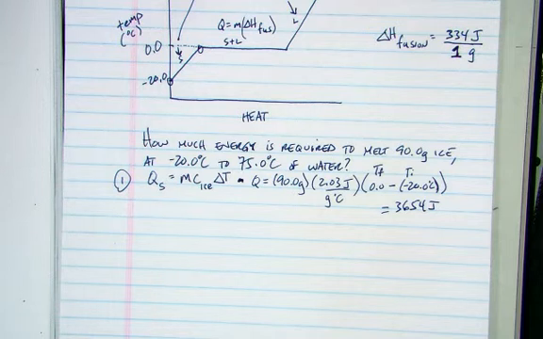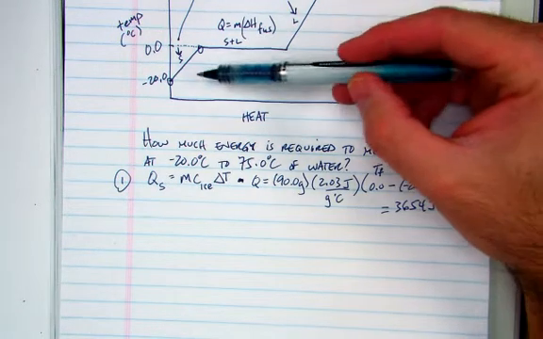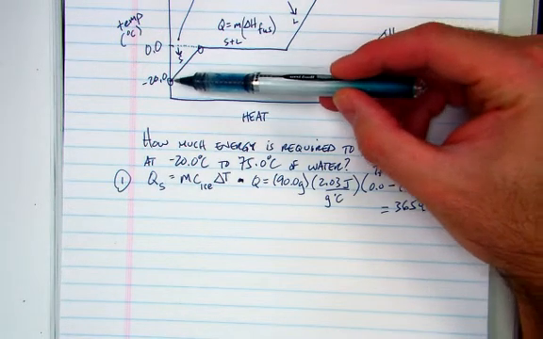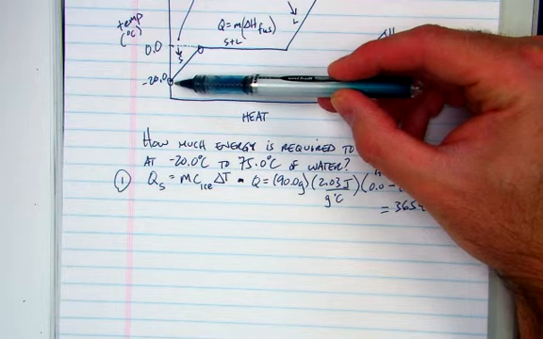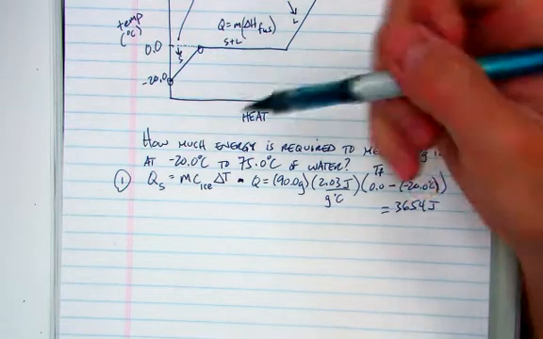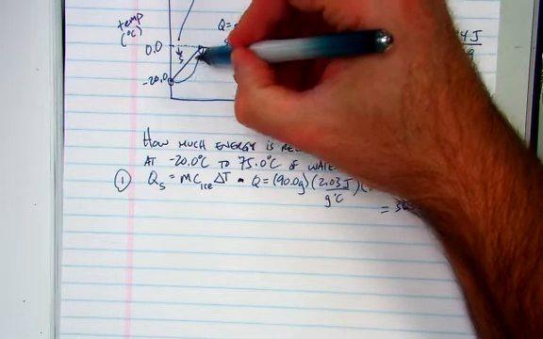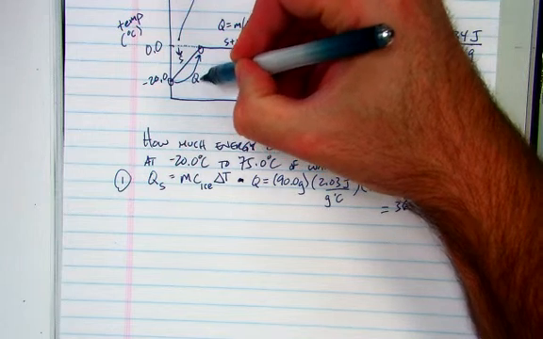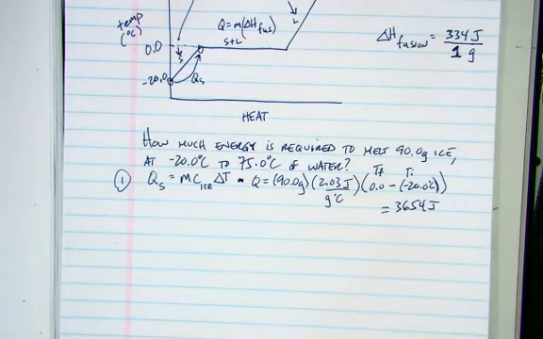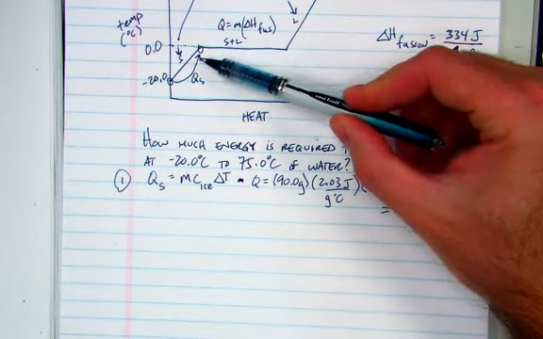So it's taken 3,654 joules of energy to raise the temperature of our ice from negative 20 up here. So in step number 1, we calculated the Q of S, the heat of the solid there.